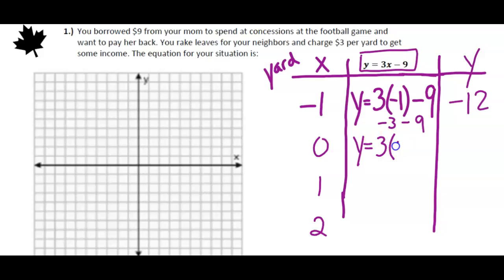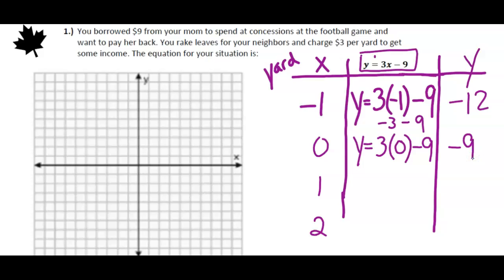Put a parentheses. Put my 0 in. Put my -9. All I did was take my given equation and I put this x value in. Okay? 3 times 0 is, you're right, 0. 0 minus 9 is definitely -9.